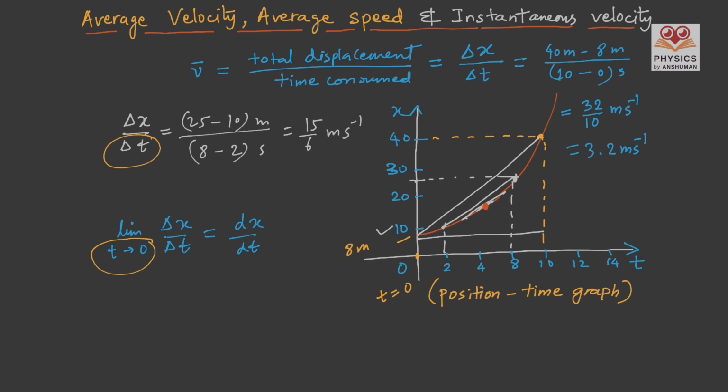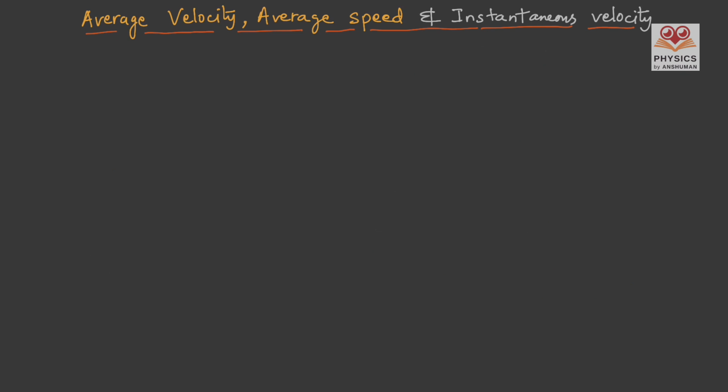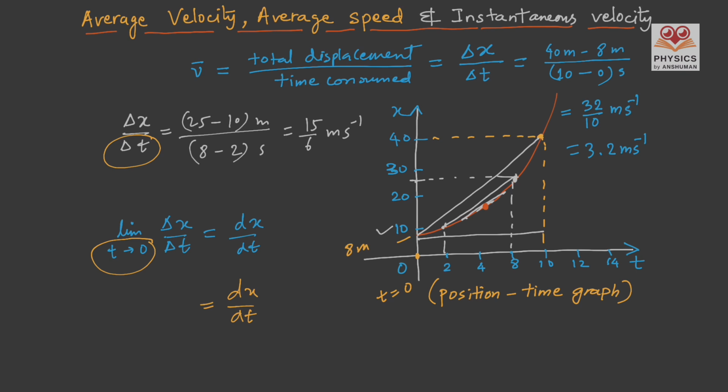But mathematically, it can be shown through calculus that dx by dt is the instantaneous velocity. So half a screen of writing can be compressed into a very small formula. Differentiation is the part we are dealing with here in calculus. This whole ratio is called the differentiation of x with respect to time.